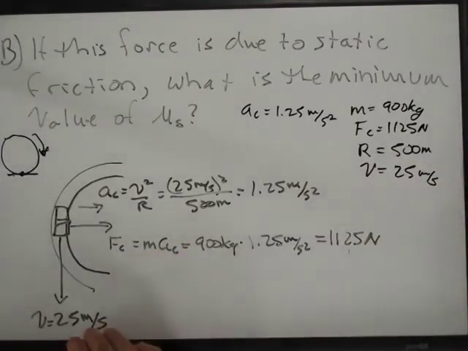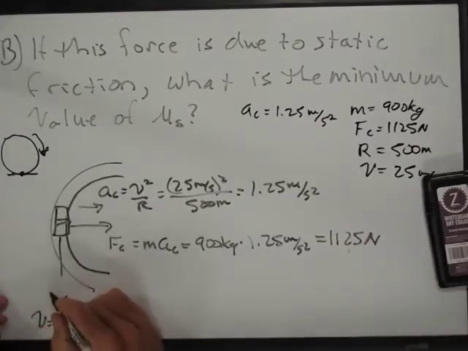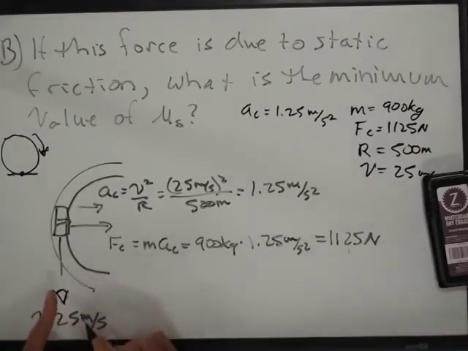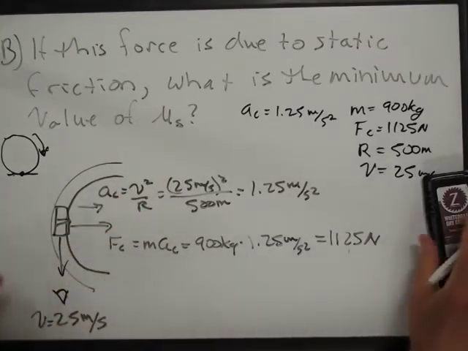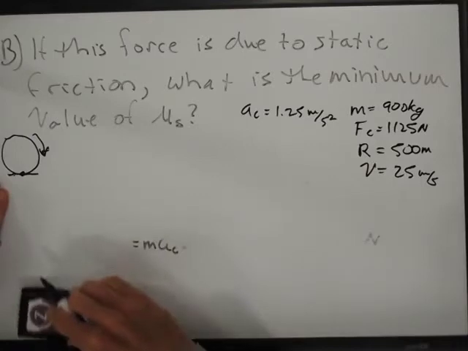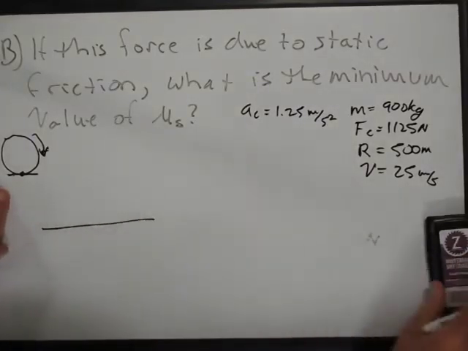But now I'm going to draw the picture a little differently. I'm going to pretend we're looking from this direction. And so we're looking at the car coming towards us. And so I'm going to redraw this. Here's the car coming at you. Here's the road. I'm going to try to draw it flat.